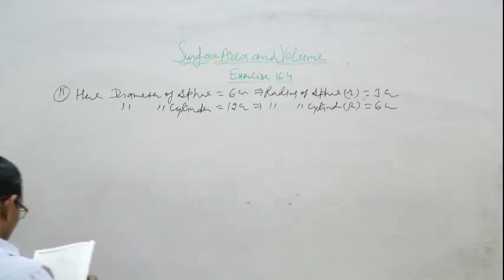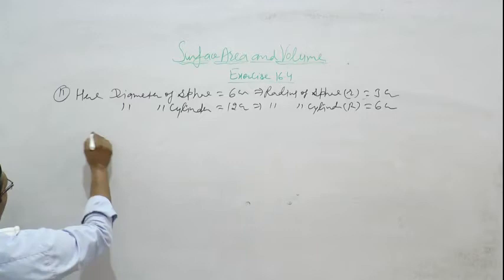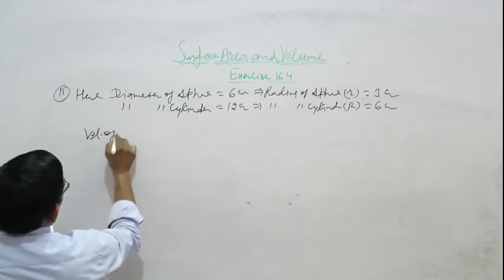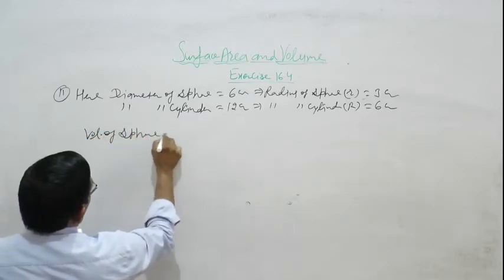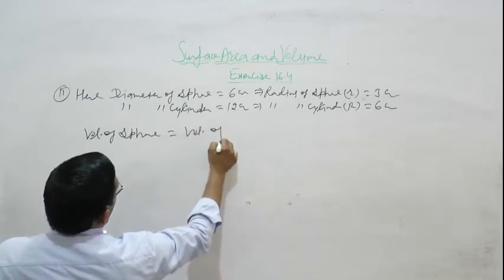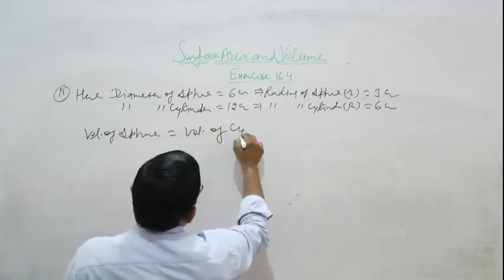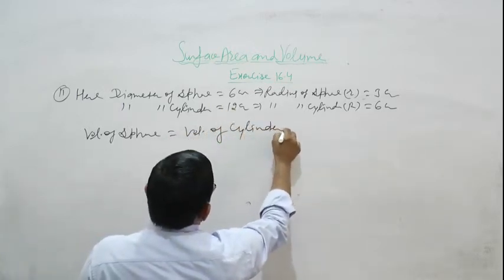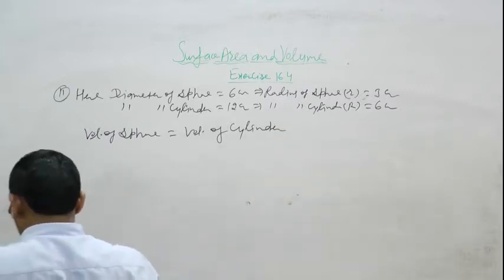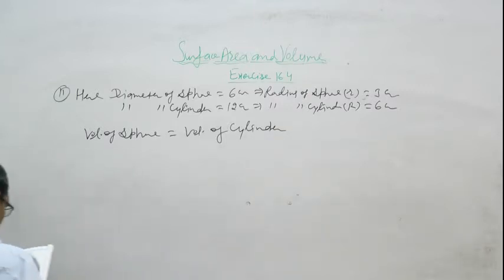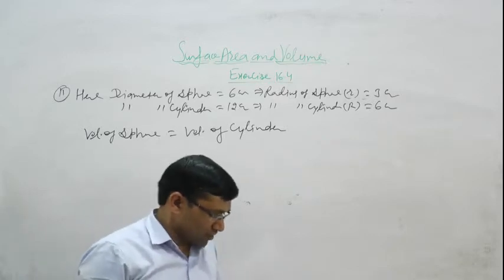Okay. So volume of sphere is equal to volume of cylinder. Find the rise in water in vessel.